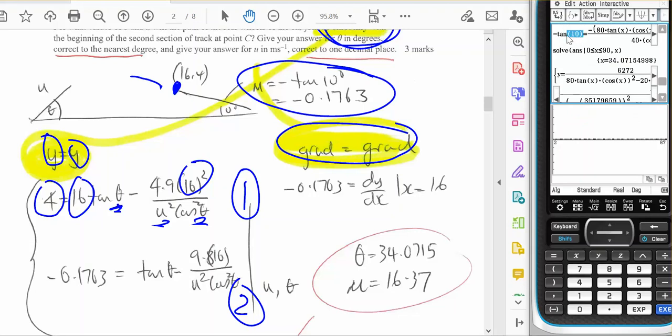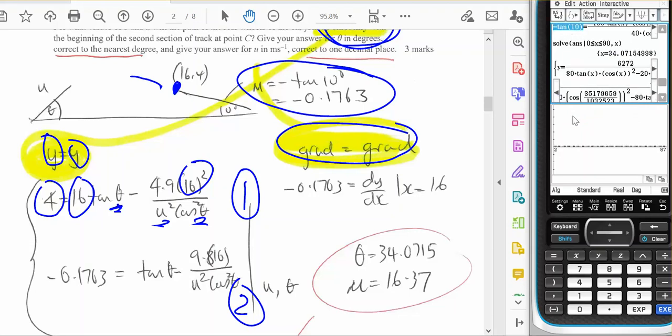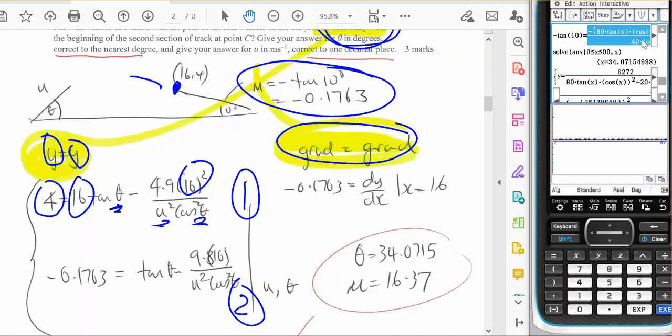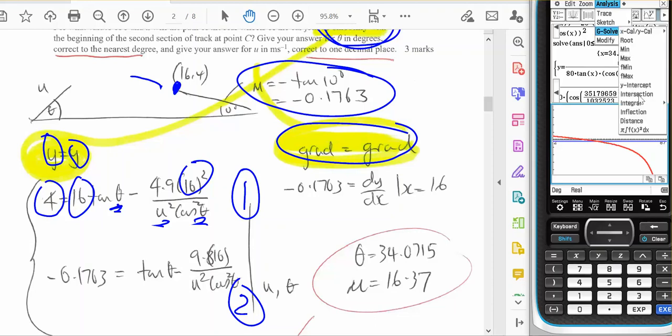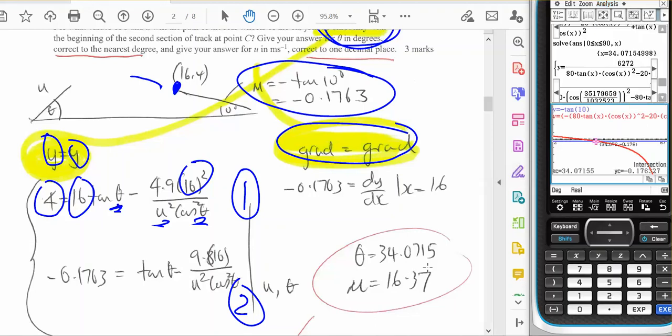So I'm going to drag the left-hand side into my graphing window, and then drag the right-hand side into my graphing window. And analysis, G-Solve, that intersection point should be 34.017, and there it is, much quicker to find. Okay, so that's how that works.